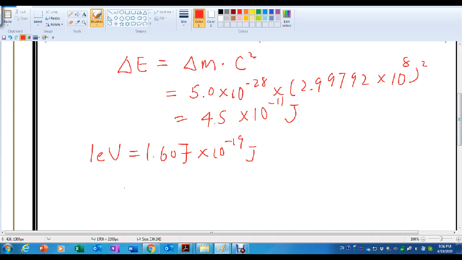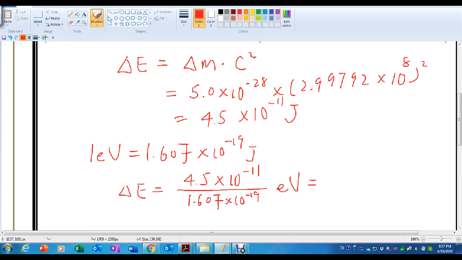So we might say delta E, if we are going to use electronvolt, we take this one, which is the energy in joule, and divide by the constant that converts electronvolt into joule, so you will convert that back into electronvolt.